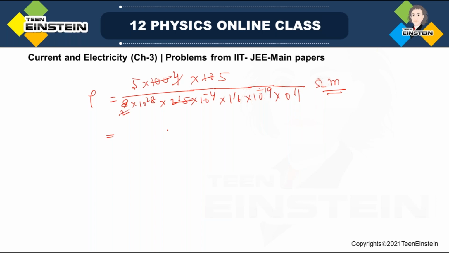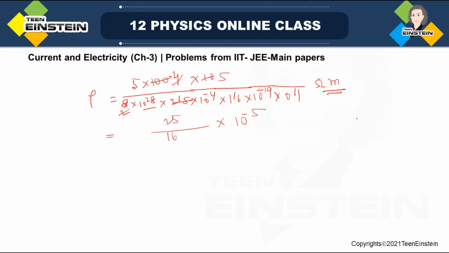All right, so here 25 divided by 16 into 10 to the power, look, this is 10 to the power 28 and this is minus 4, so 24, minus 19, that means 10 to the power minus 5 will be here.